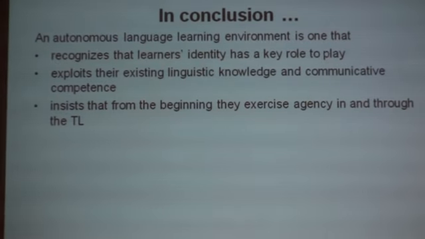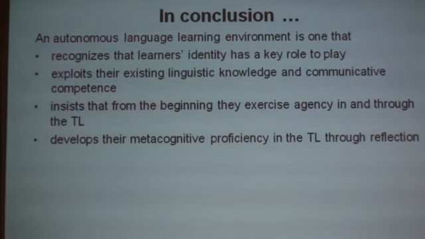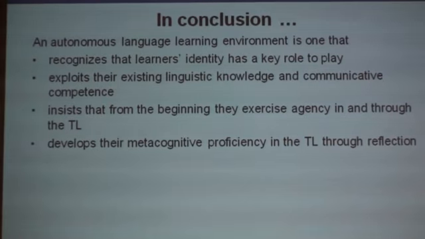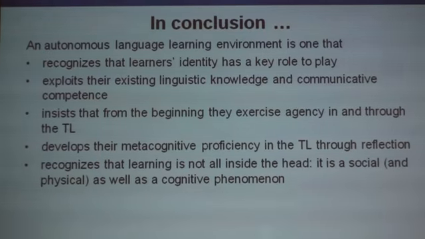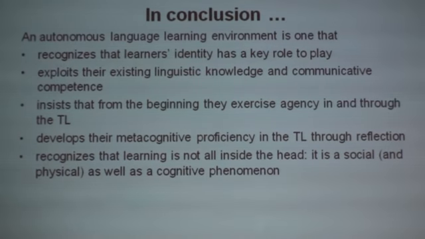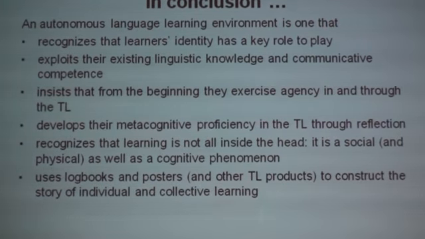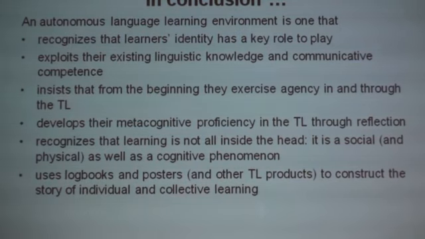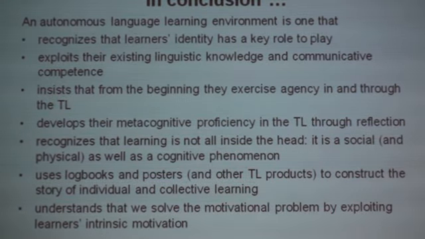Insisting that from the beginning they exercise agency in and through the target language. Develops their metacognitive proficiency in the target language through reflection. Recognizes that it's not all inside the head, it's a social and physical as well as a cognitive phenomenon. Uses logbooks and posters and other target language products to construct the story of individual and collective learning. And understands that we solve the motivational problem by exploiting learners' intrinsic motivation.